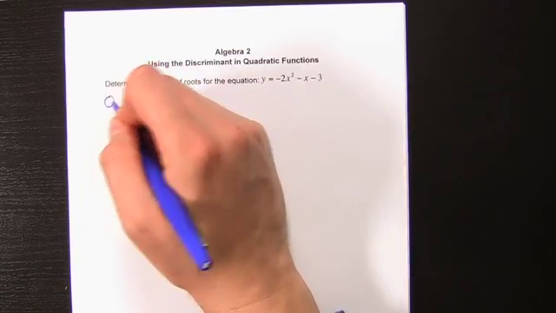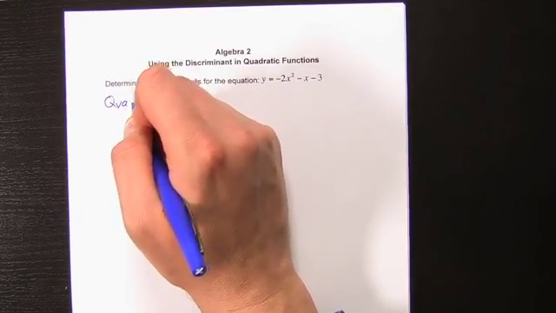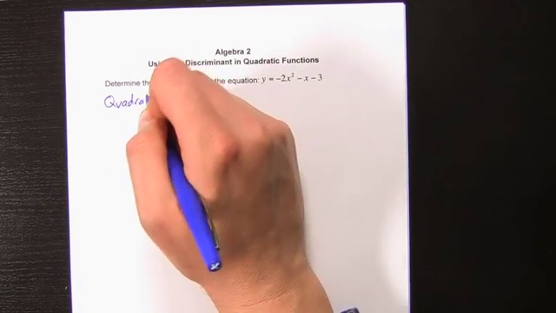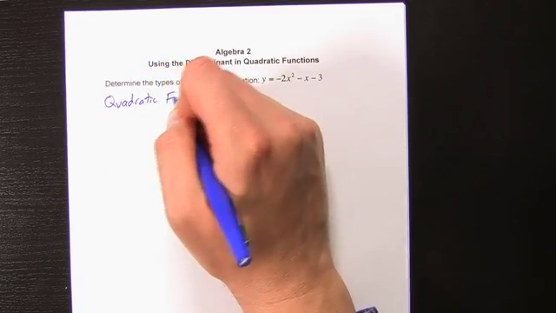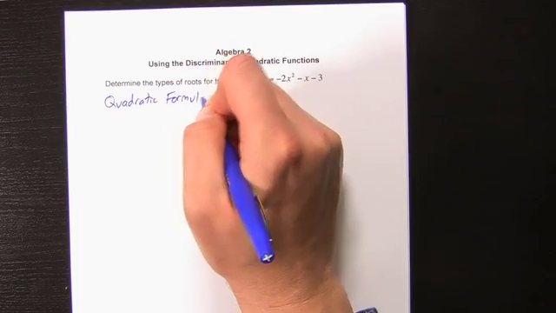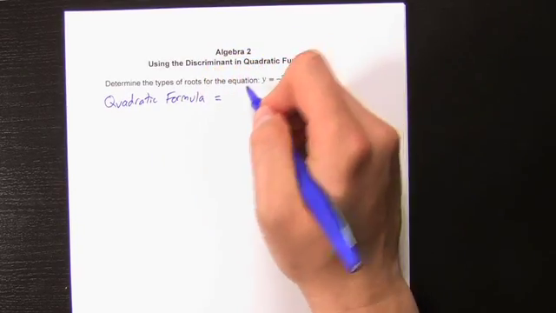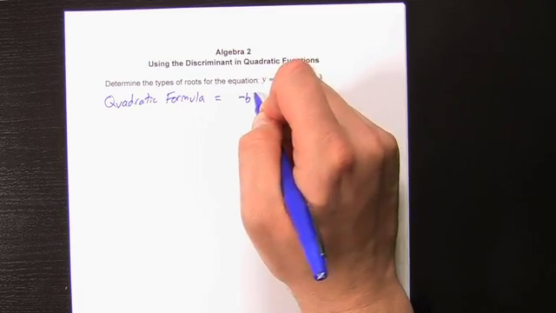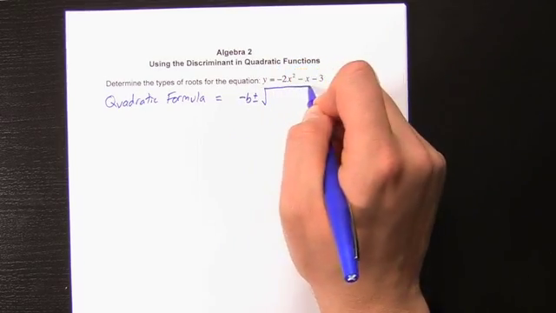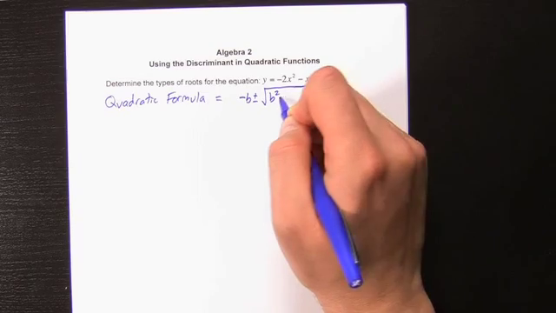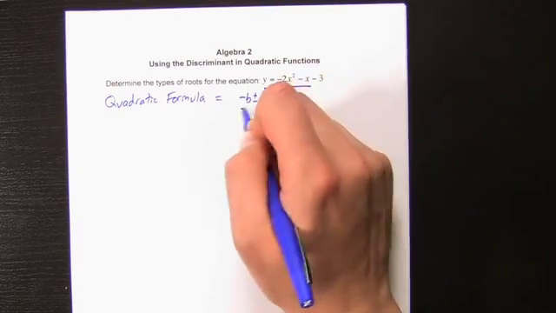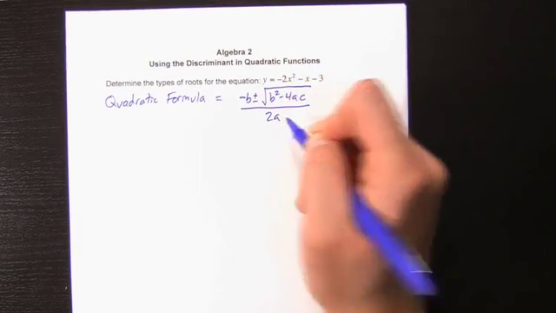So you may know that there is this thing called the quadratic formula. And if you don't know the quadratic formula by heart, you're going to need that, so please memorize it. The quadratic formula is negative b plus or minus the square root of b squared minus 4ac divided by 2a.